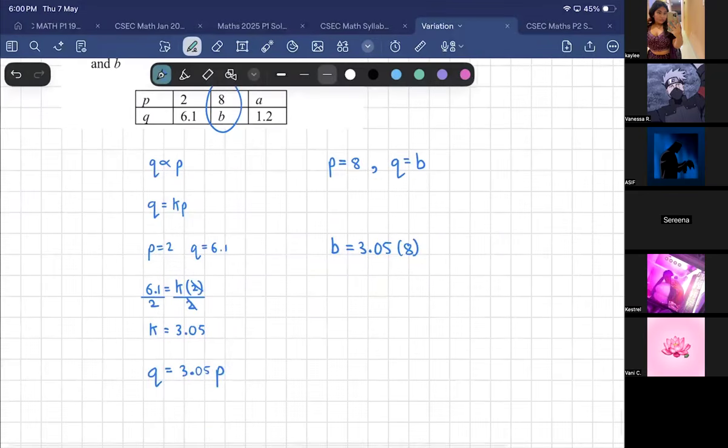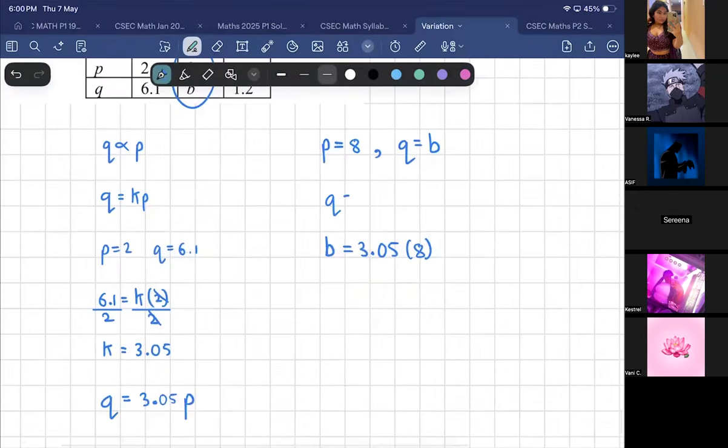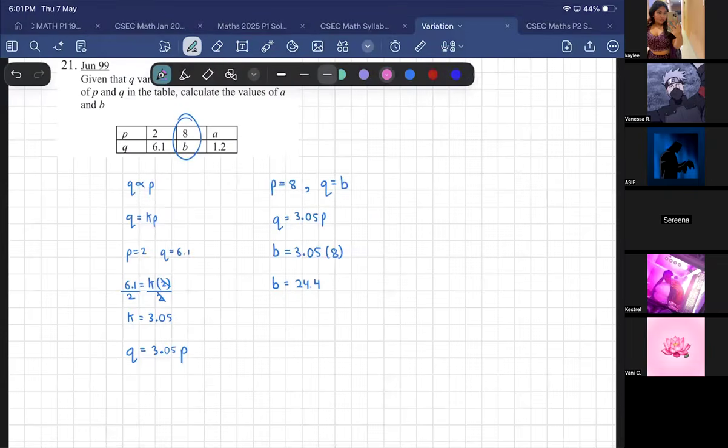Remember the equation we came up with was Q equals 3.05 times P. That's literally it. So we know that Q is B, and we know that P is 8. You're 100% with me on that? After we just multiply it, we get B is equal to 24.4. That is all. It's this easy, Alexia, I promise you.